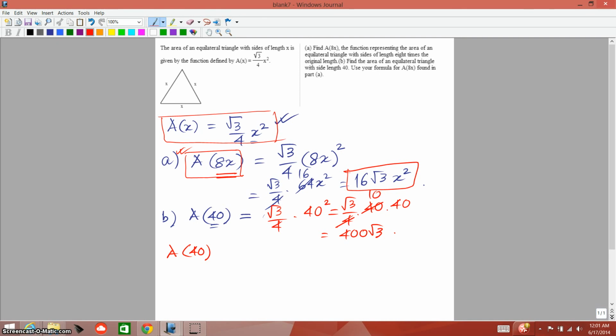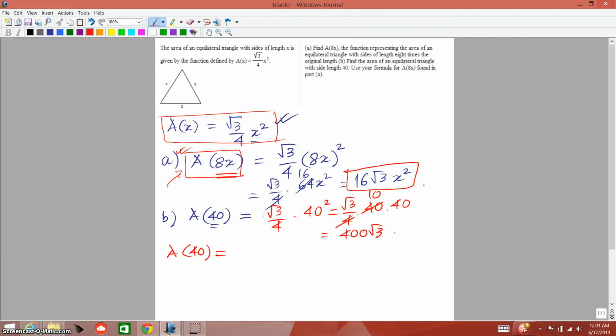And one other thing, the students are not paying clear attention that when they are evaluating A of 40 based on this particular form, they're substituting 40 wherever they found x. So that is a mistake, because A of 8x now became A of 40.